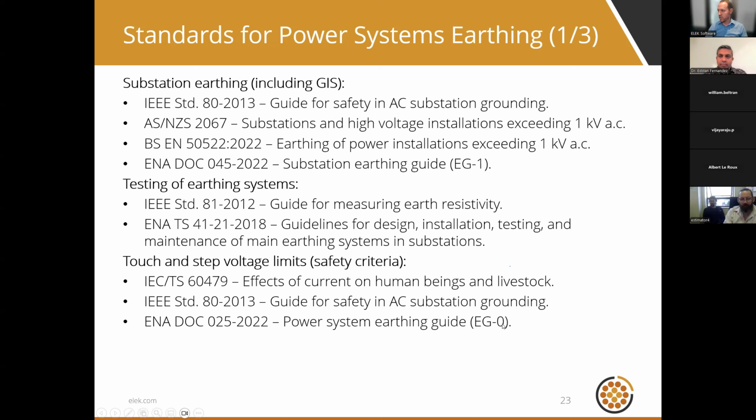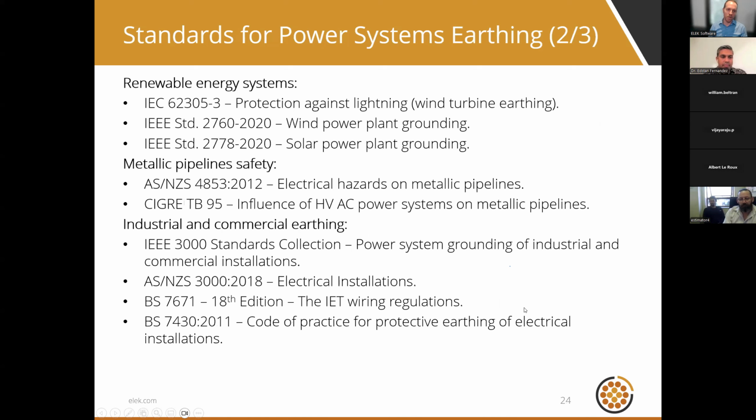You've also got EG0 for probabilistic calculations of touch and step voltage limits. For renewable energy systems, we've got 3 good standards that I've mentioned here. For metallic pipeline safety, as I mentioned, we need to limit the transfer voltages onto metallic pipelines. So there's a good standard there.